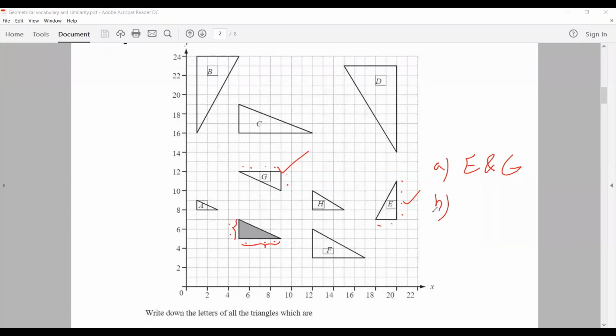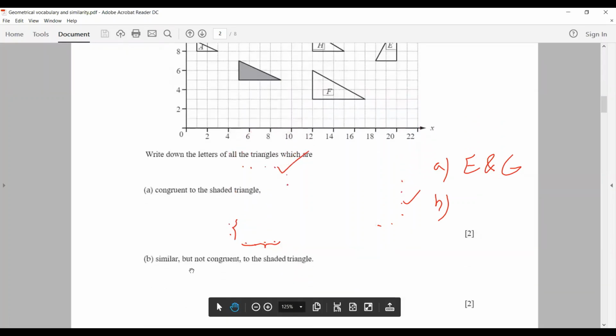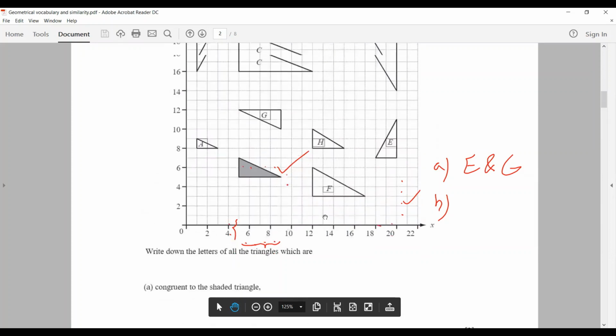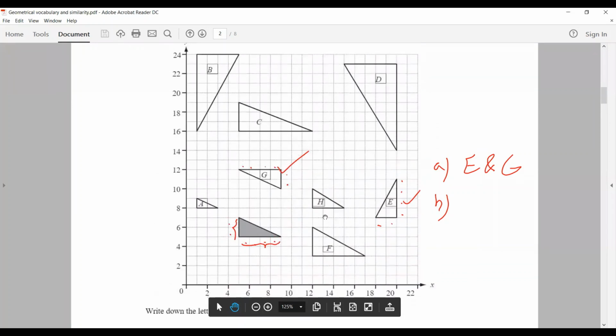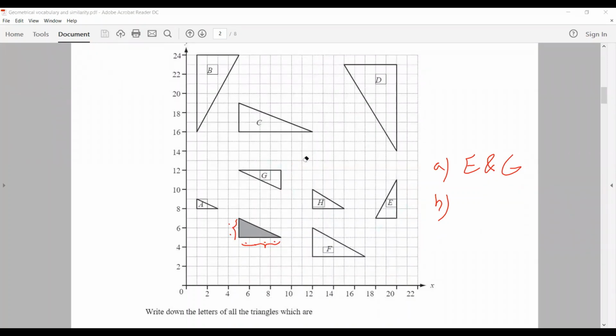In part B, most probably they're asking for similarity, right? Similar but not congruent to the shaded triangle. So that means we shouldn't mention G and E again, because G and E are congruent and similar, right? Now, similarity means there must be a constant ratio between the corresponding sides.